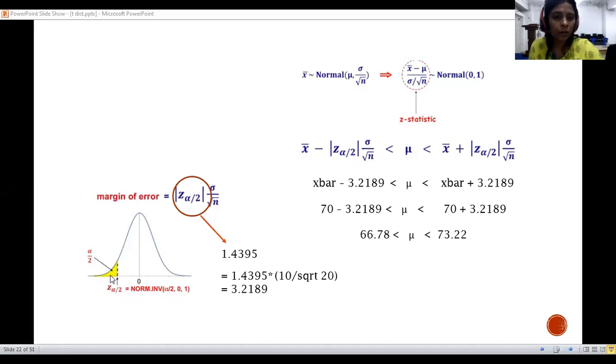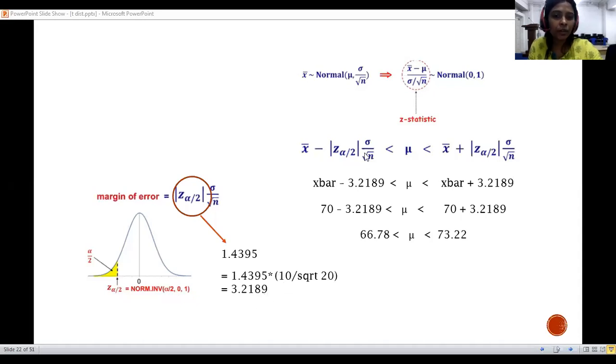We knew this area, that is a probability area alpha, and we had to calculate x. Therefore, we had used norm.inv. Since we had two tails, as I had shown in the previous slide, in this particular picture, I have not put two tails. So we have two tails, so alpha by 2, and comma mean, comma standard deviation. So we have arrived at 3.2189.